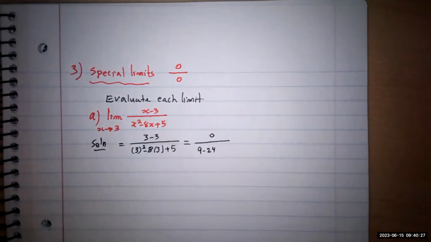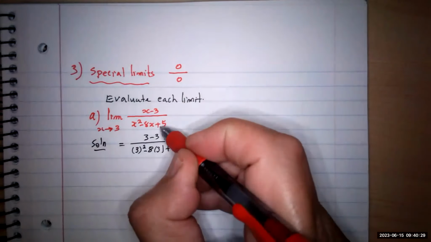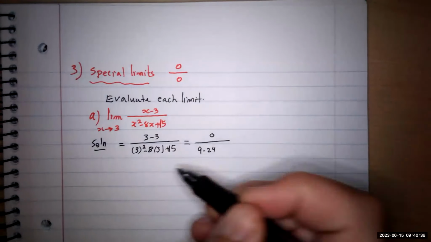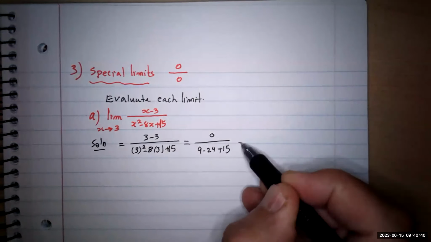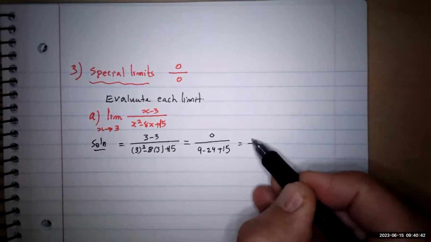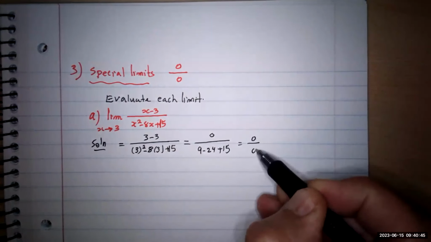This is 15. So that's plus 15. Now that gives you 0. So that's going to be 0/0. We confirm that we get 0/0.